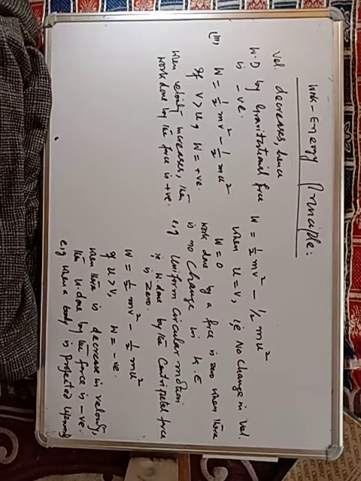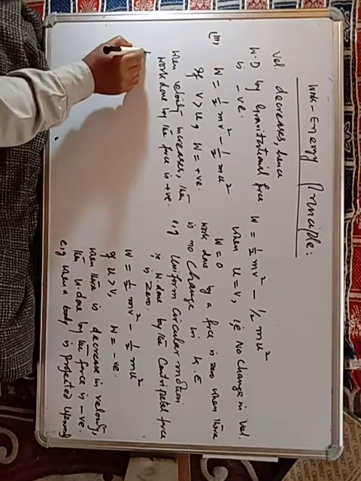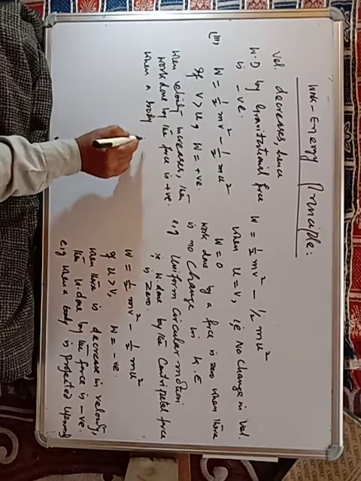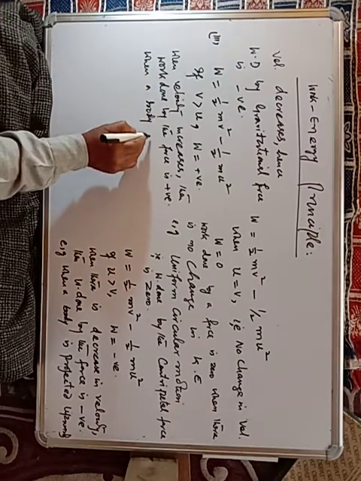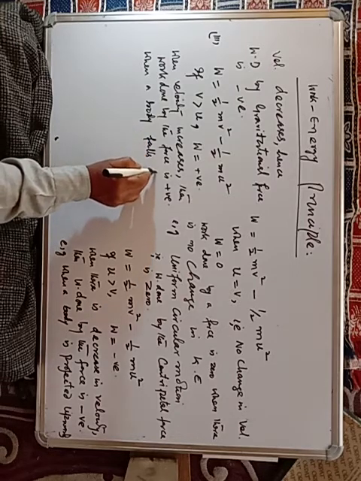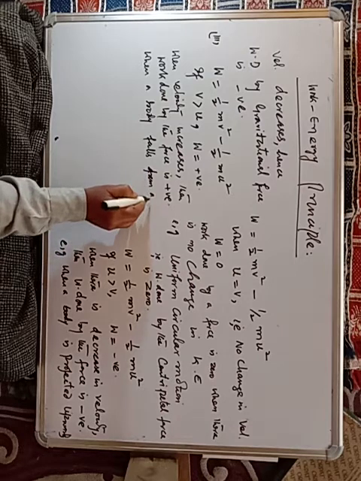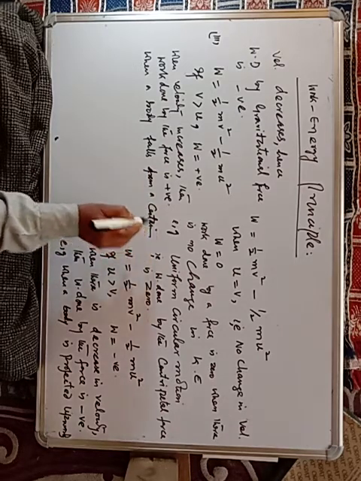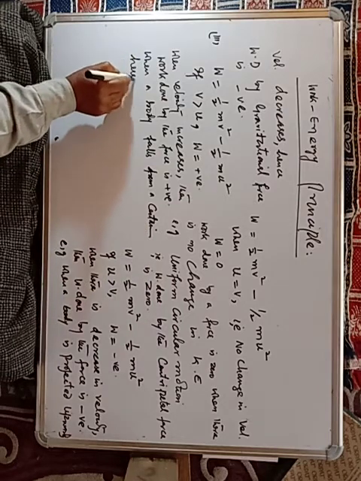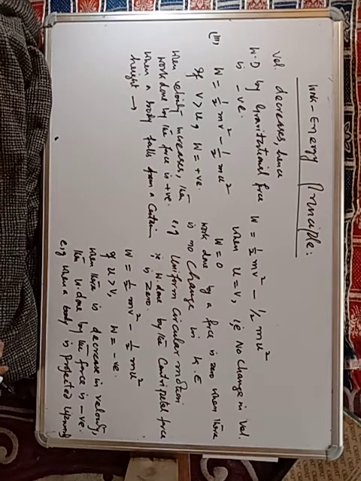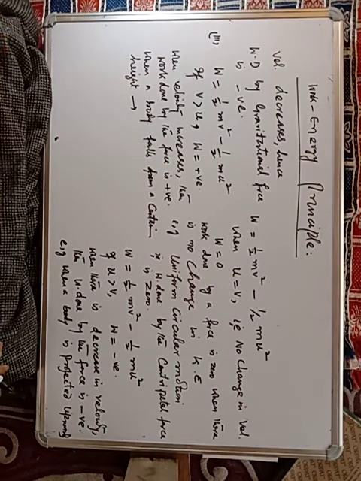Similar example हम यहाँ पे भी quote कर लेंगे. When a body drops, when a body falls from a certain height, what happens to its velocity? As it accelerates, because that is known as acceleration due to gravity.